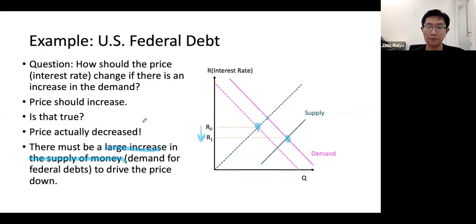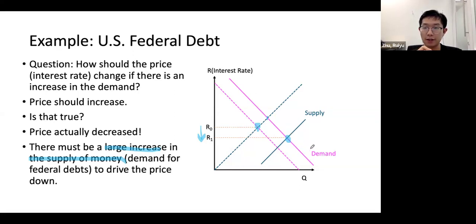Right. So now we go back to this figure. We can see that after the crisis, first, we see an increase in the money demand by the federal government, right? So that will shift our demand curve to the right.